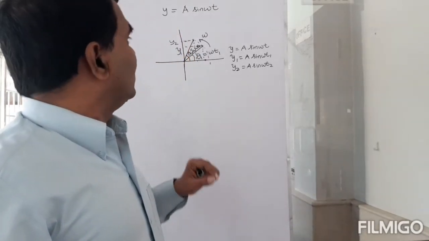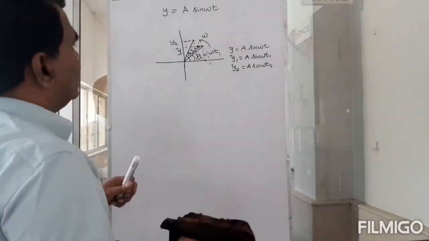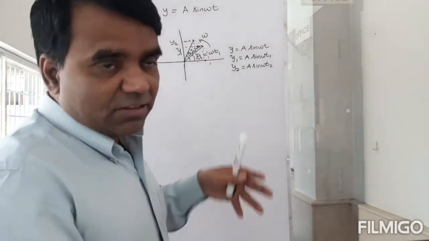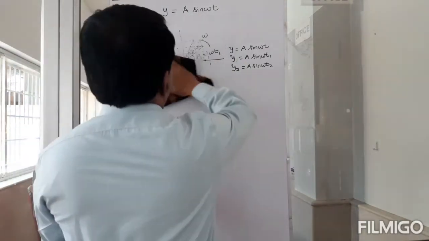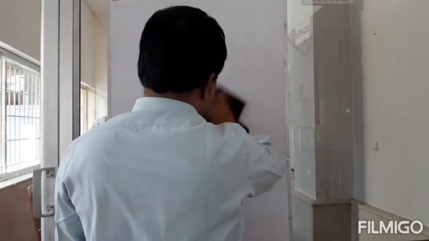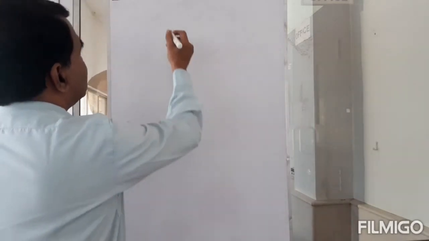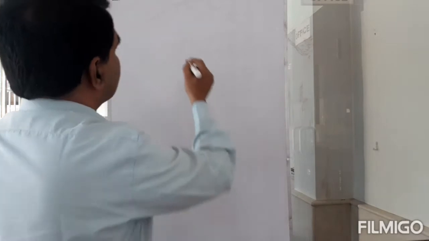Okay. Once we get this, then we will go on to do what is called the phasor diagram. In an alternating circuit, what is the voltage?